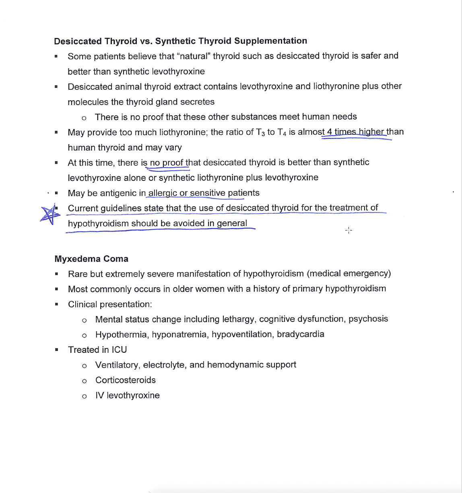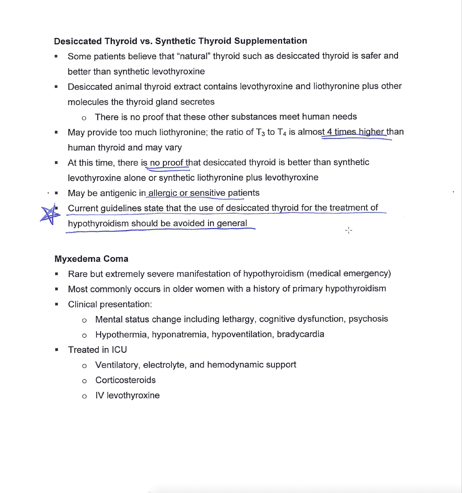So really, it is animal source. So it has more than just T3 and T4, and it can have other molecules that this animal thyroid gland secretes. And there is no proof that these substances are needed for humans.